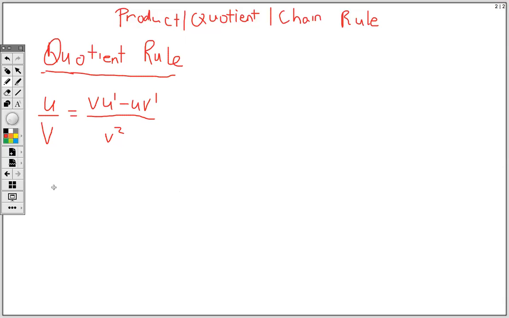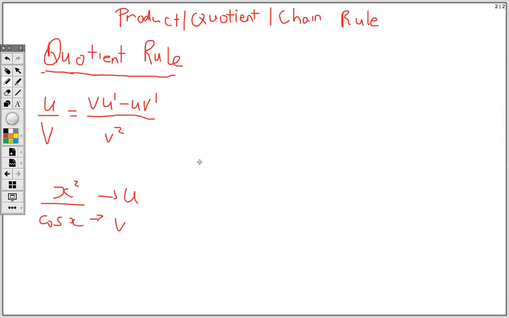So when we have something like x squared over cos x, it's in fraction form, so we have to apply the quotient rule. The numerator at all times will be u, and the denominator at all times will be v.